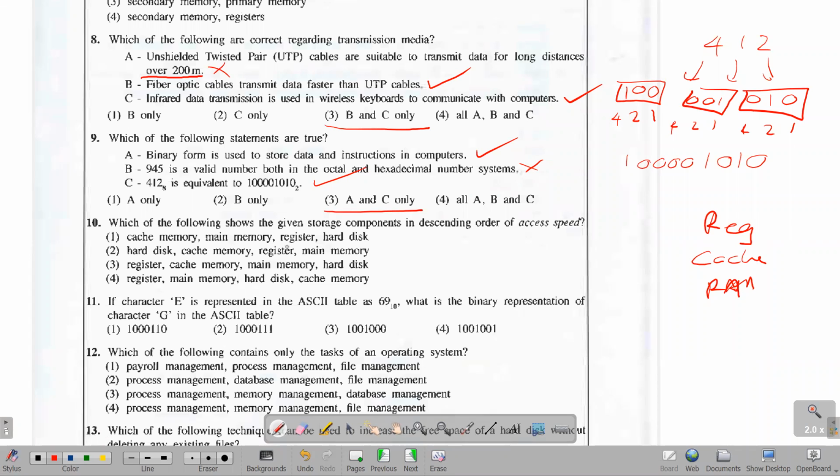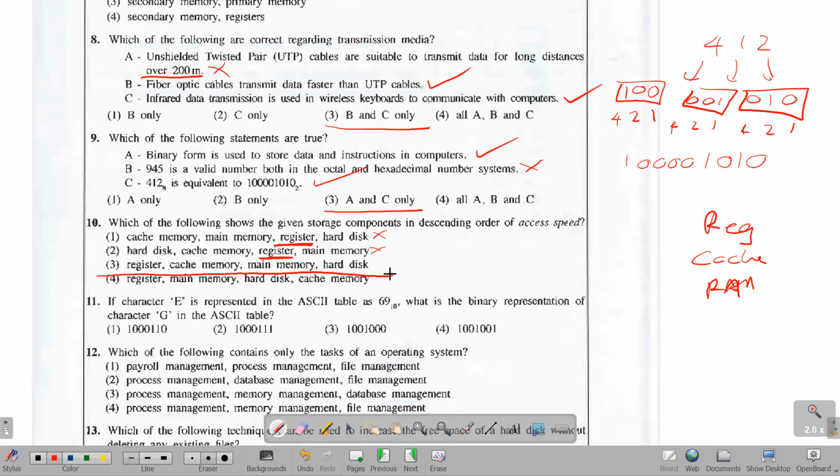So register is the fastest. So it should be at the top of the list. So it is wrong. Here register is over here. So it is wrong. Register, cache memory, main memory, hard disk. Yeah, third one is going to be the answer.